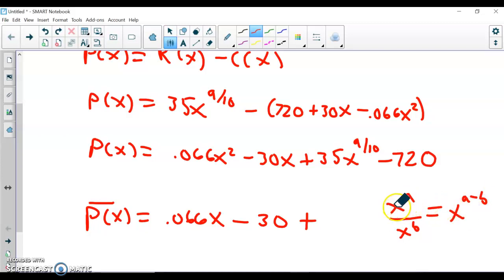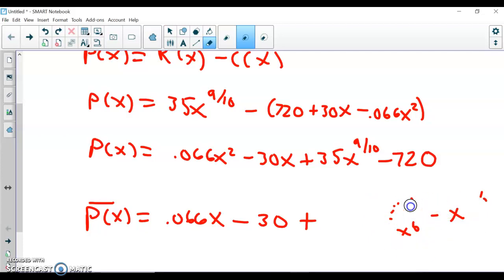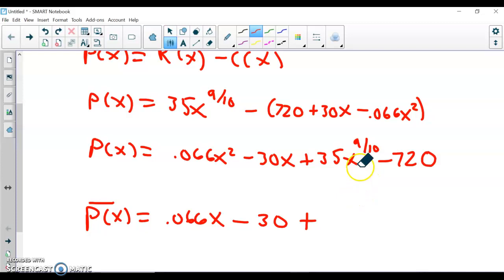Right, so x to the third over x squared, for instance, is just x to the 3 minus 2. Well, in this case, if we're dividing that 35x to the 9/10 by x, we have to consider that 9/10 being subtracted by 1, because the exponent on a single x is 1. So it's x to the 9/10 minus 1. You can do it in the calculator if you'd like, or you can think of it as 9/10 minus 10/10. But that's going to be x to the negative 1/10.